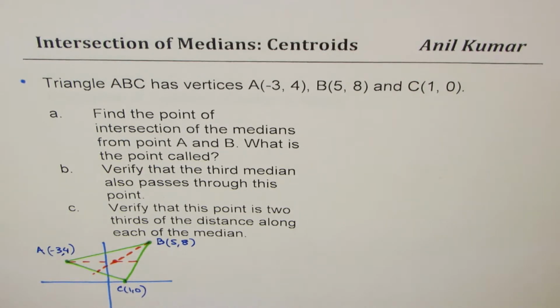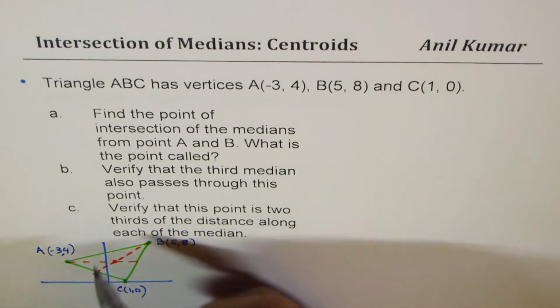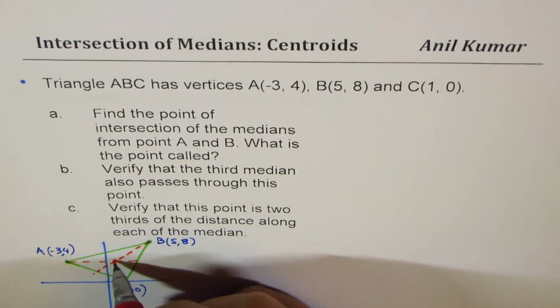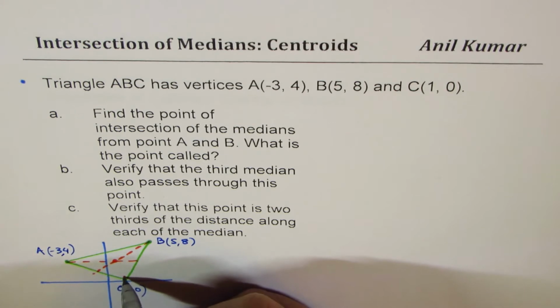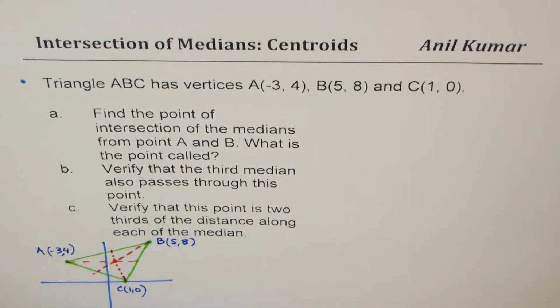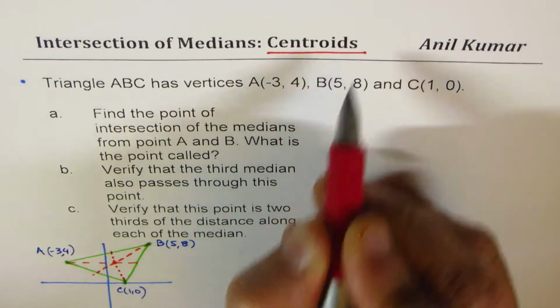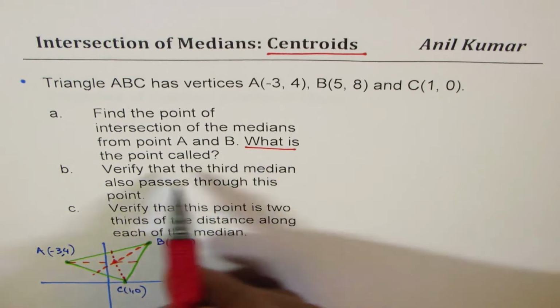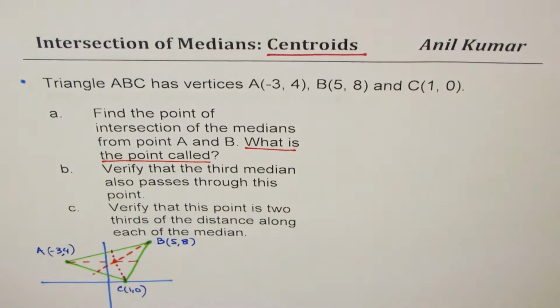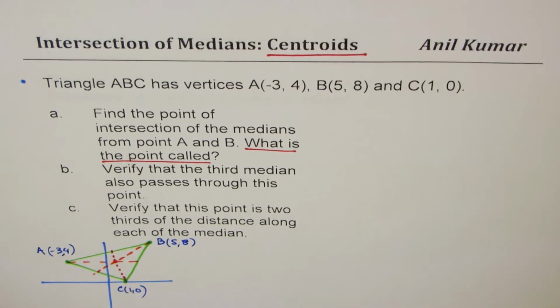As you know, all the medians go through one point, so this median will also go through this point. We'll verify this. And this point is called the centroid, which is part A of our question.